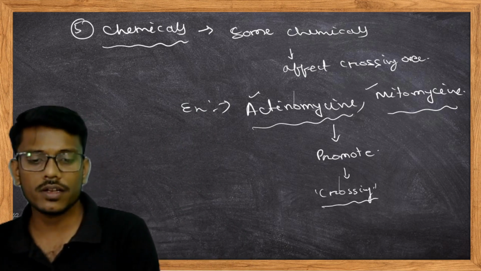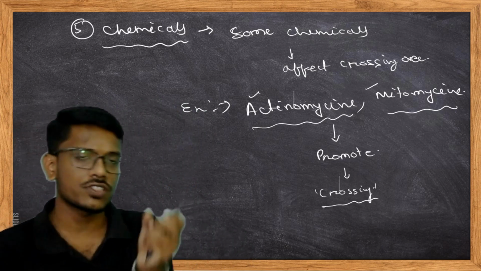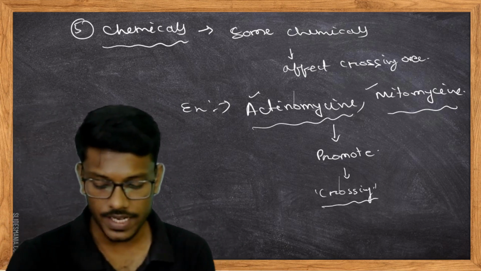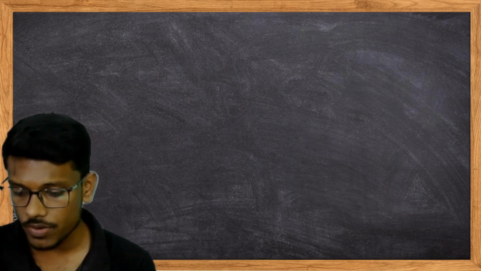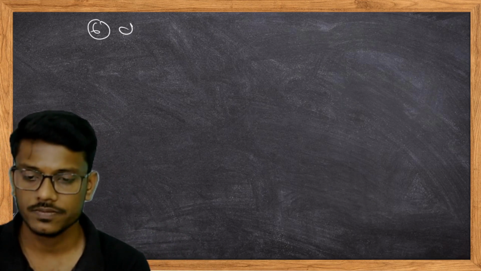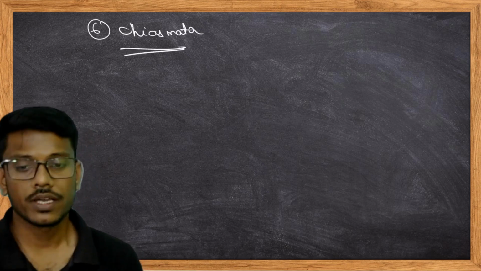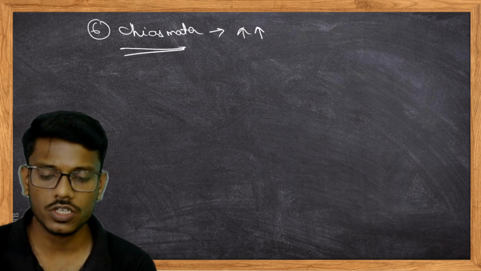But if we are not taking these antibiotics, there is less chance of crossing over, which means there will be more linkage. So these are the chemicals. And the sixth one is the number of chiasmata. That is also another factor. If there is more chiasmata formation, then there will be more crossing over.